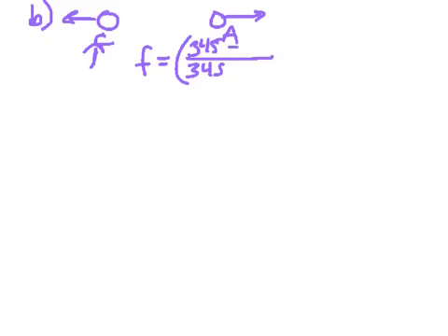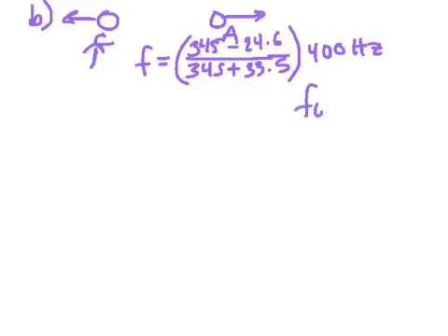so that's going to be a negative 24.6 meters per second. Again, forget the units. Then you have 345, and the source is moving away from the observer, so that's going to be, and here's the trick, plus 33.5 meters per second, times our frequency of 400 hertz.